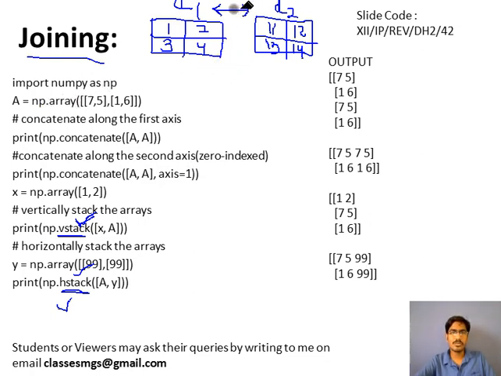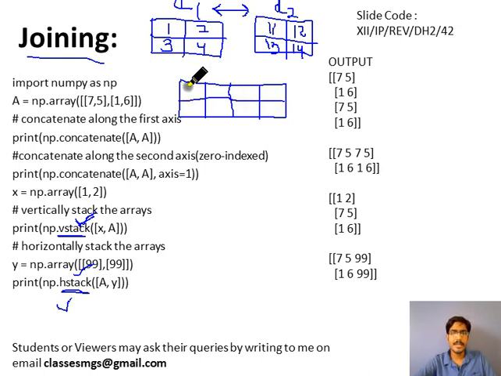Let's suppose these two arrays are given and you want to join them horizontally. Horizontally means this way: all the array elements will come in a single array, like this.